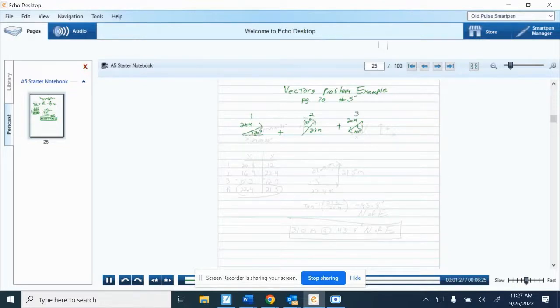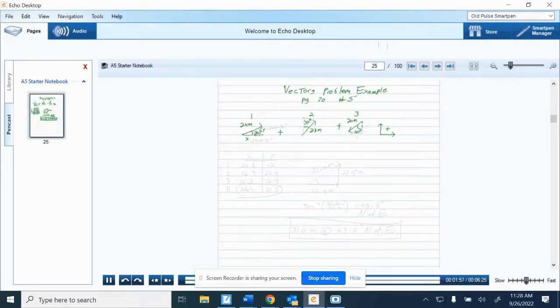First thing we want to do is determine what we're going to call the positive and the negative direction. So I'm going to use the usual convention of to the right and upward will be positive. Next thing we're going to do is take each vector and break it up into its components using trig. You imagine each vector as being a right triangle with the vector as the hypotenuse. So this would be the x component and the y component.